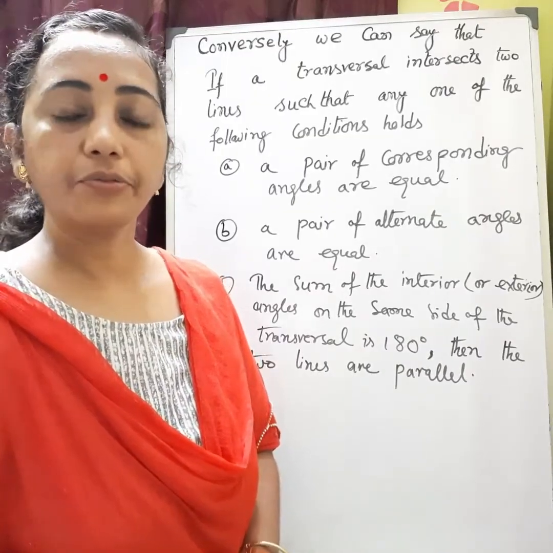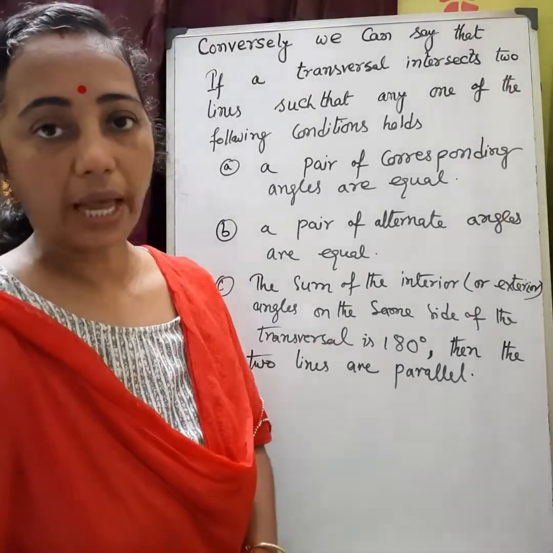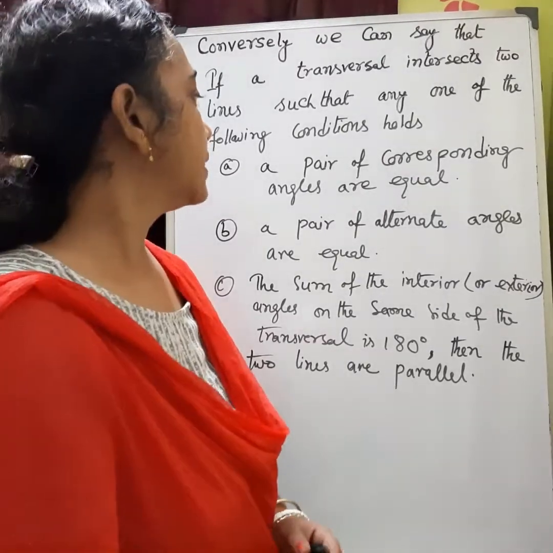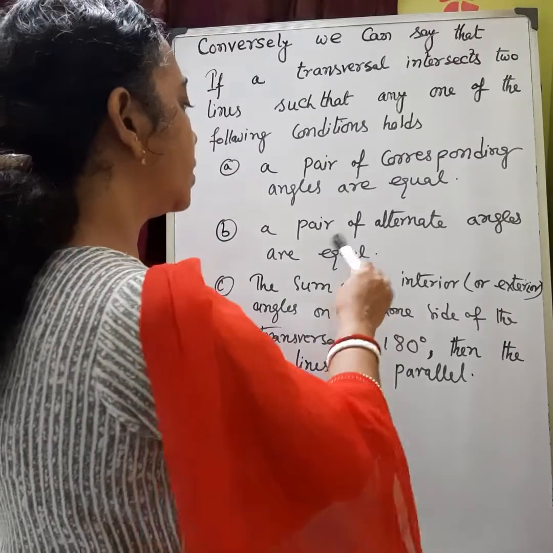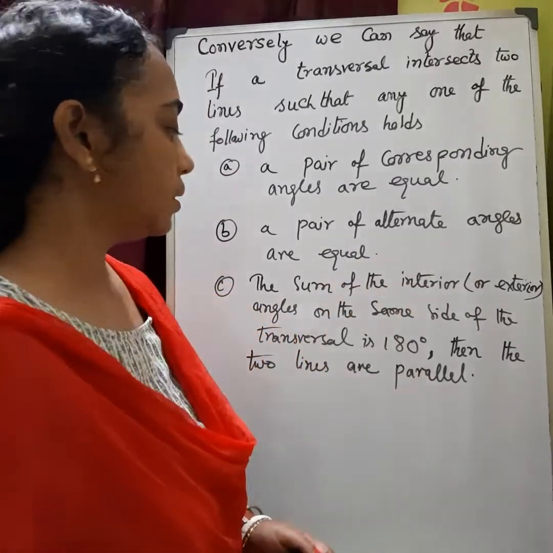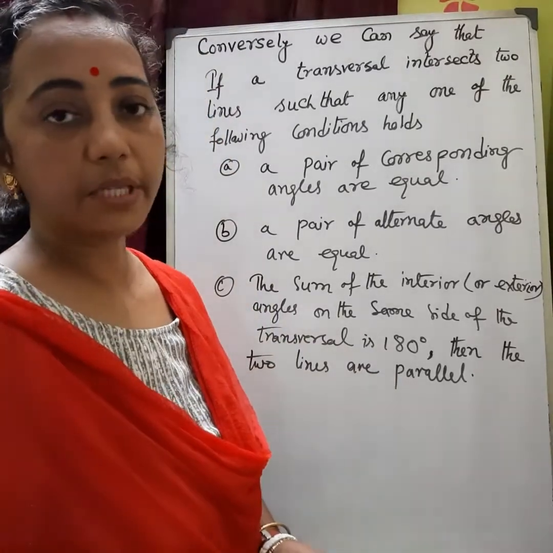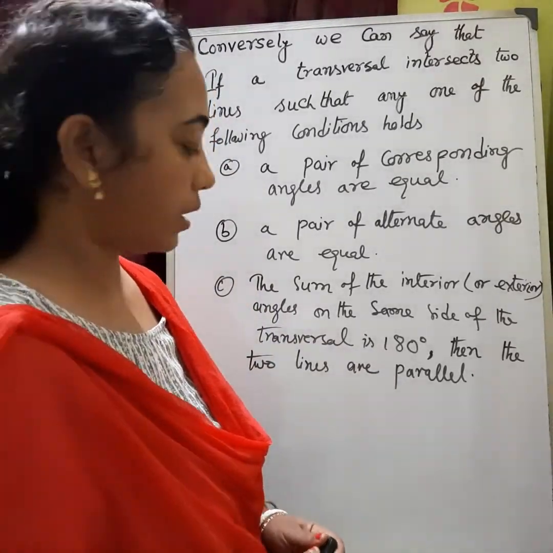Conversely, if a transversal intersects two lines such that any one of the conditions holds, that is a pair of corresponding angles are equal, a pair of alternate angles are equal, or the sum of the interior or exterior angles on the same side of the transversal is 180 degrees, then the two lines are parallel.